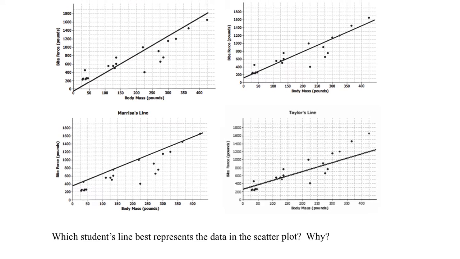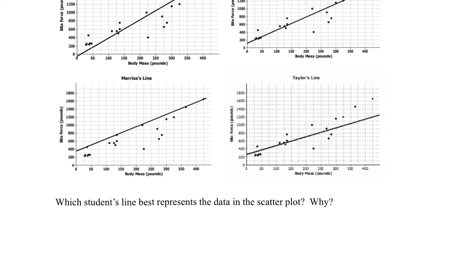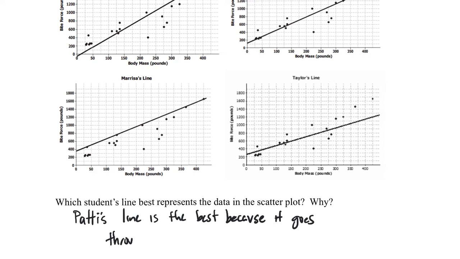So I would say, let's go with Patty's line. Let's say that Patty's line is the best because it goes through the middle of the data, which is what we want.